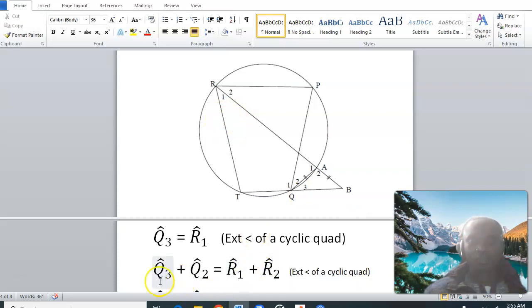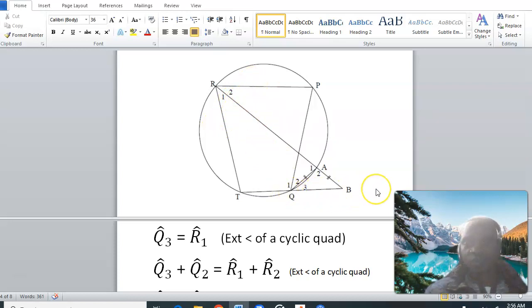Then Q3 plus Q2 is equal to R1 plus R2. Q3 plus Q2 should be equal to R1 plus R2.